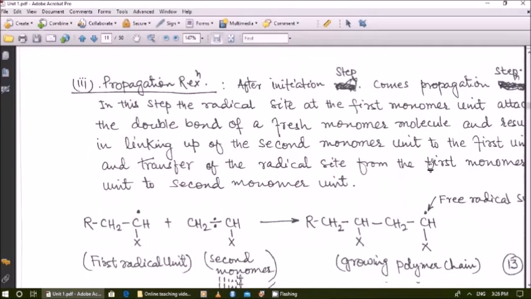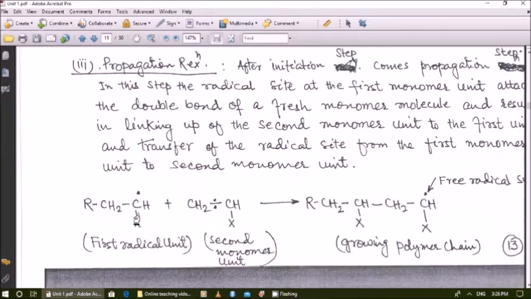Now in the propagation stage, this intermediate which was formed during the initiation reaction will attack the second monomer. Here CH2=CHX is the second monomer, and this free radical will attack.